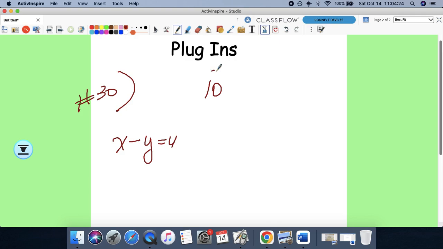So if x is 10, what does y have to be? y has to be 6. If I do 10 minus 6, that works out.